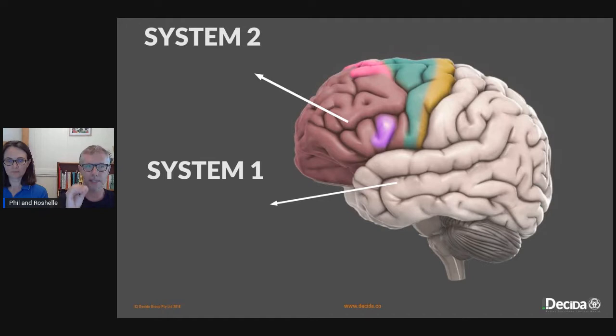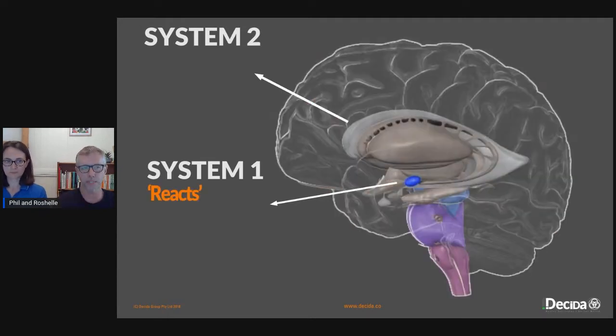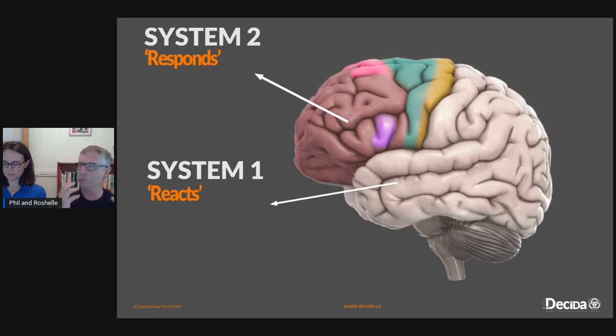So this is System 2. It's a much more conscious system. System 1 very much is reactive. It doesn't take in a lot of information, and makes very quick decisions in order to help us survive. System 2 is more considered. It's the things that happen where things are more novel.